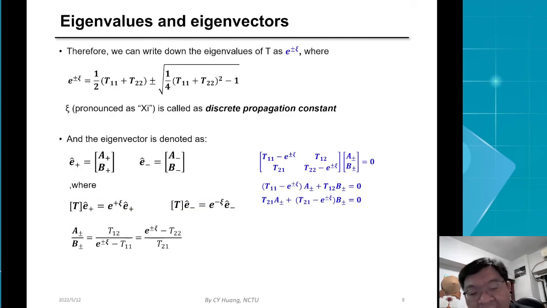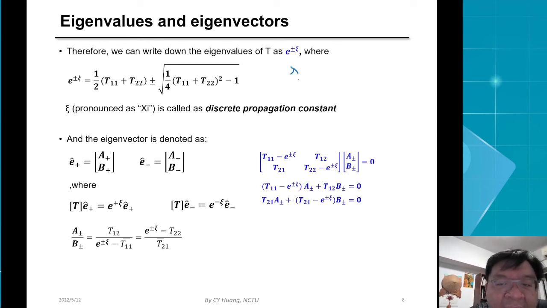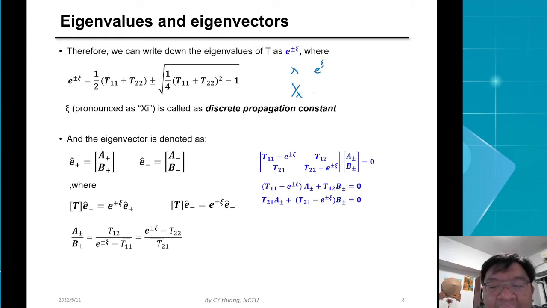Alright, since lambda 1 and lambda 2 are reciprocal to each other, if one is lambda, then the other one will be 1 over lambda. There is an even smarter way to write it in an exponential term. If one is lambda and the other is 1 over lambda, we can let lambda be exponential c, and 1 over lambda naturally will be exponential minus c.